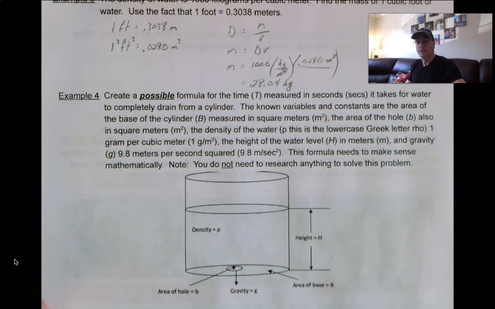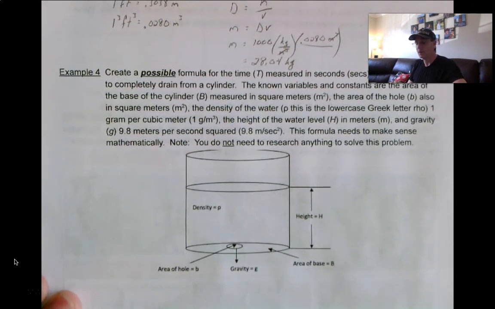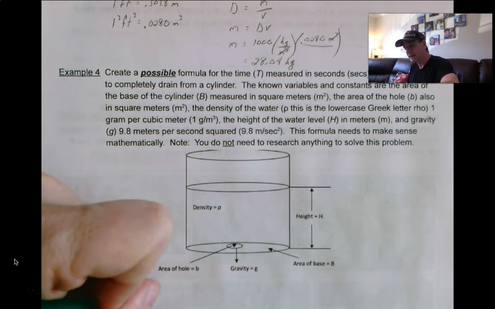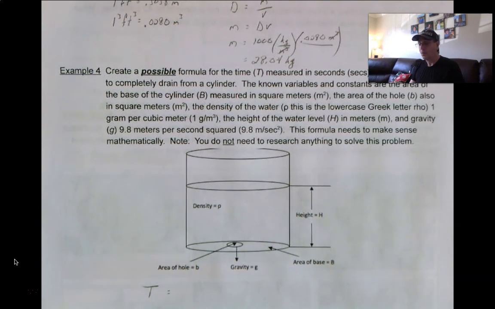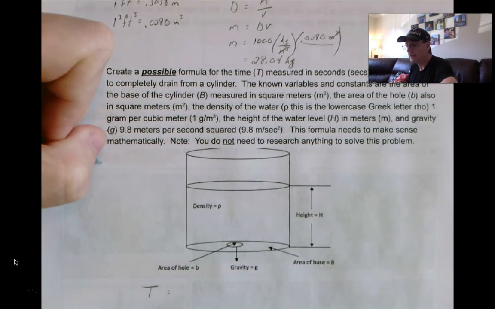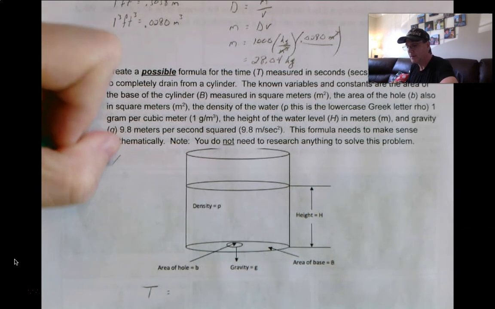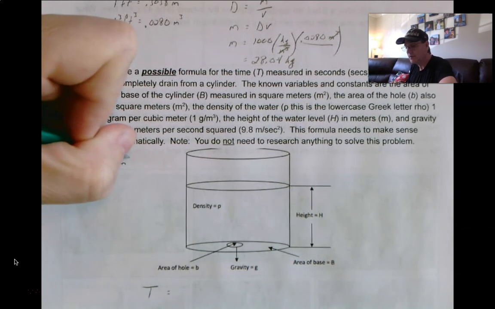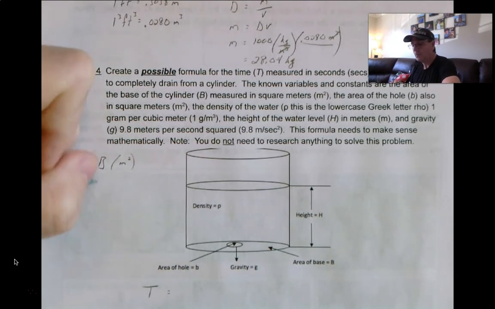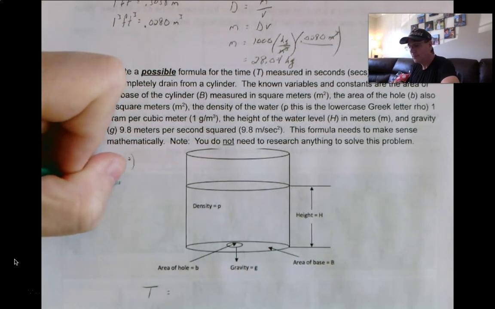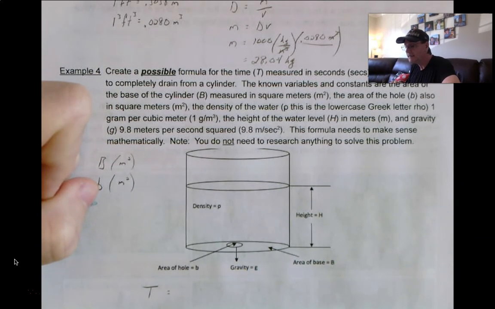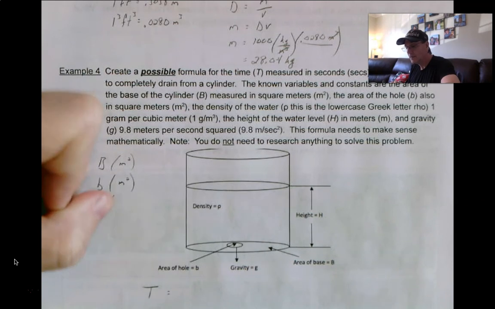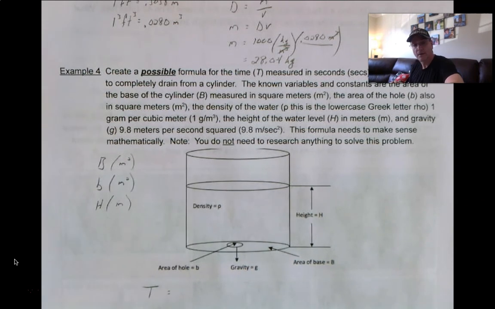Okay? So back to the problem. We want time in the end. What do we have? We have capital B measured in meters squared. We have little b measured in meters squared. We have height measured in meters.